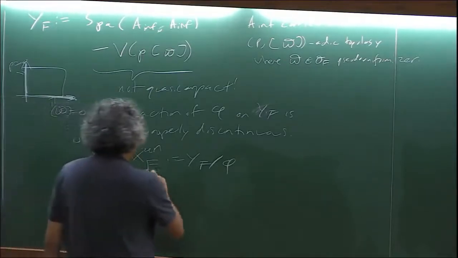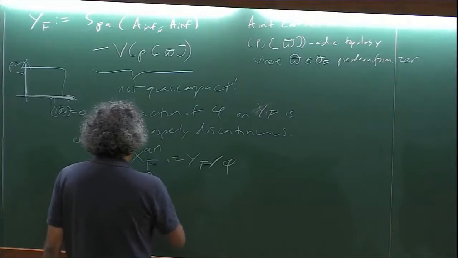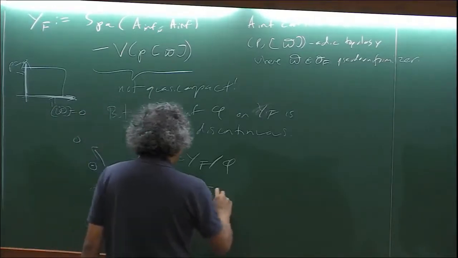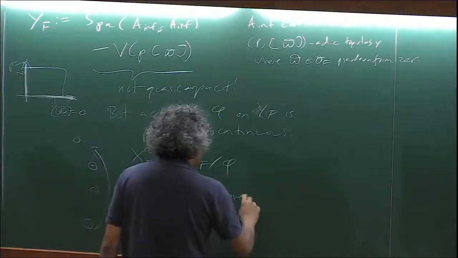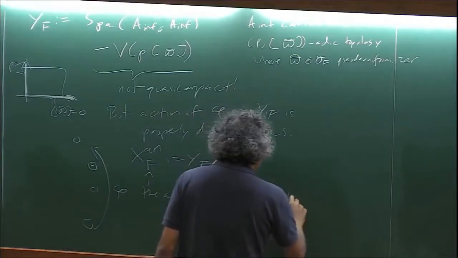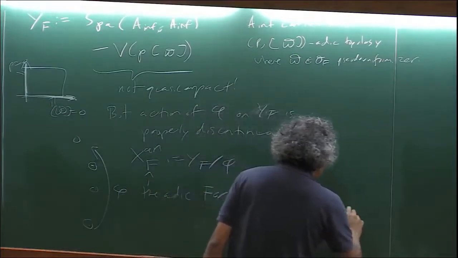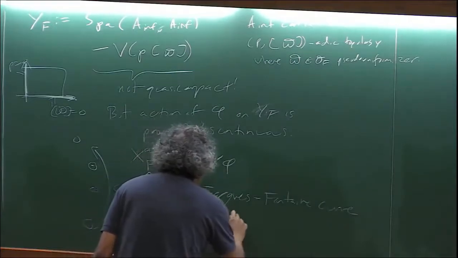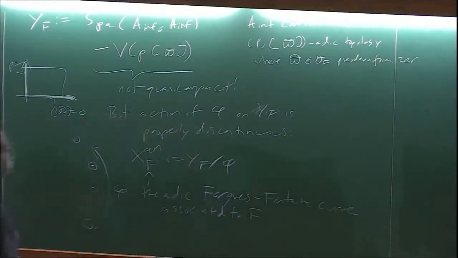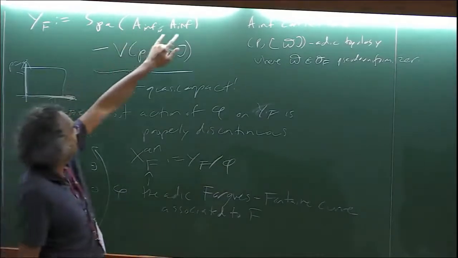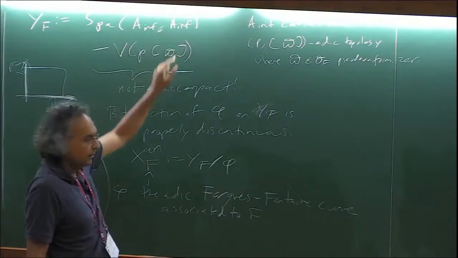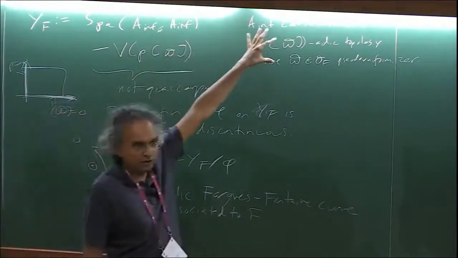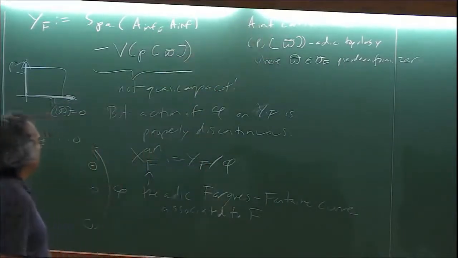And this is the thing that's eventually going to be the adic Fontaine curve associated to F. Yes, the plus in this case is A_NF itself. But A_NF has a non-trivial topology, so this is not just the scheme.